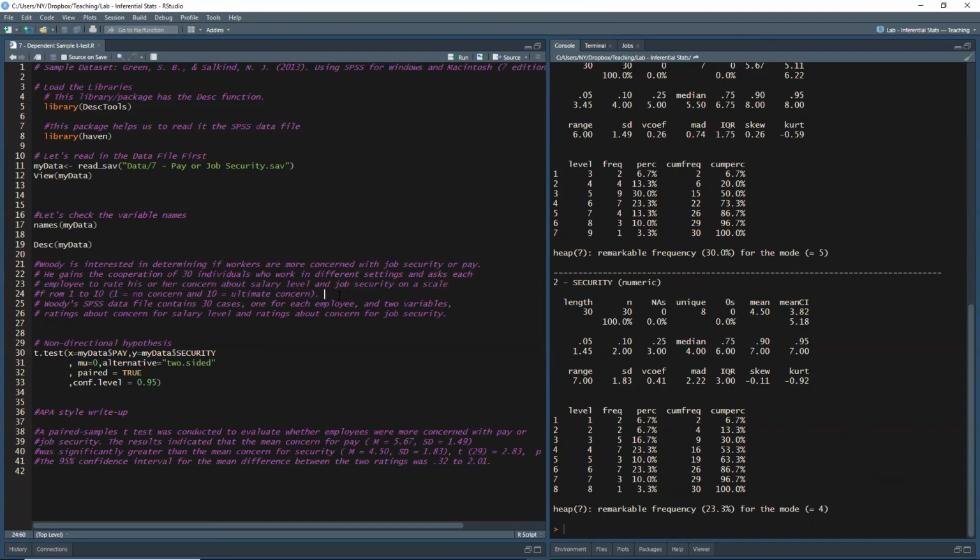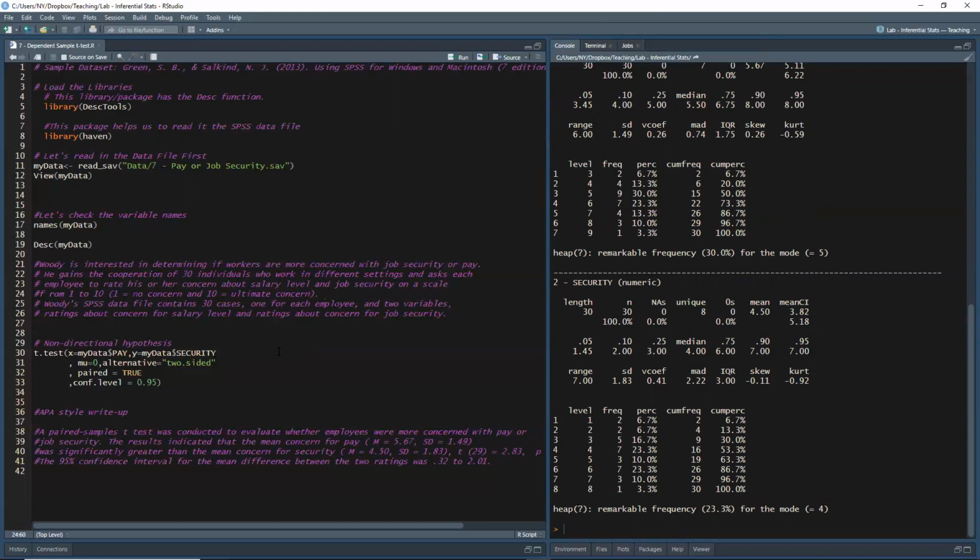So from this design, basically, Woody is asking the same 2 questions to every single individual, and she wants to compare whether there's a difference between their concern level in terms of job security or job pay. And again, since the data comes from the same individual for 2 different questions, this is a good example for a matched sample, paired sample, or dependent sample t-test.